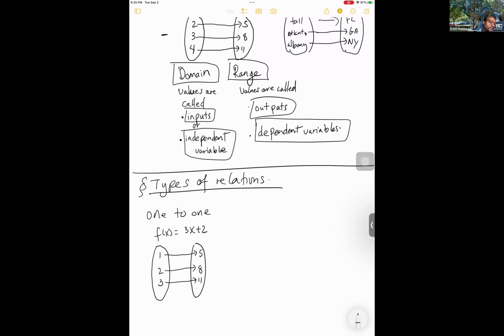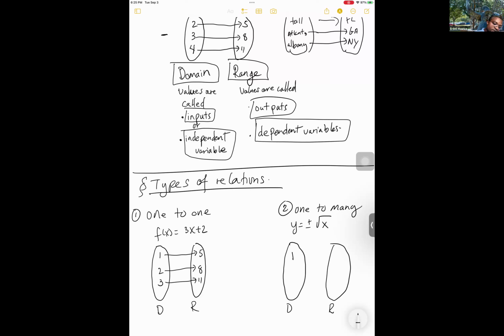The second kind of relation is a 1-to-many relation. An example would be y equals plus or minus the square root of x. My domain and my range.